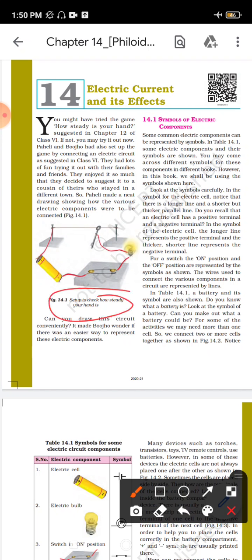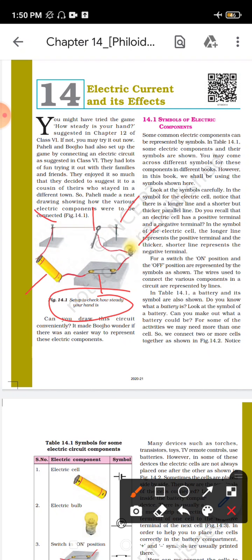Okay, in this figure as you can see these are some connections which are made to the different conducting objects such as bulb, pin, electric cell, nails and this key.